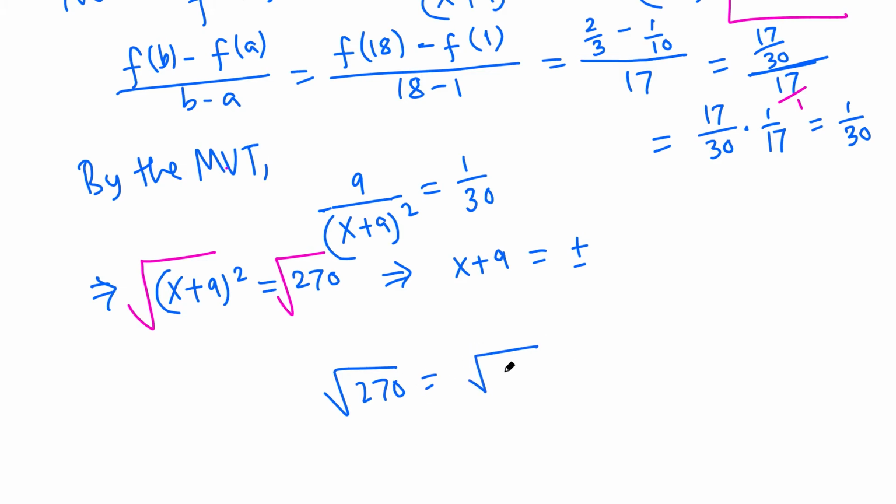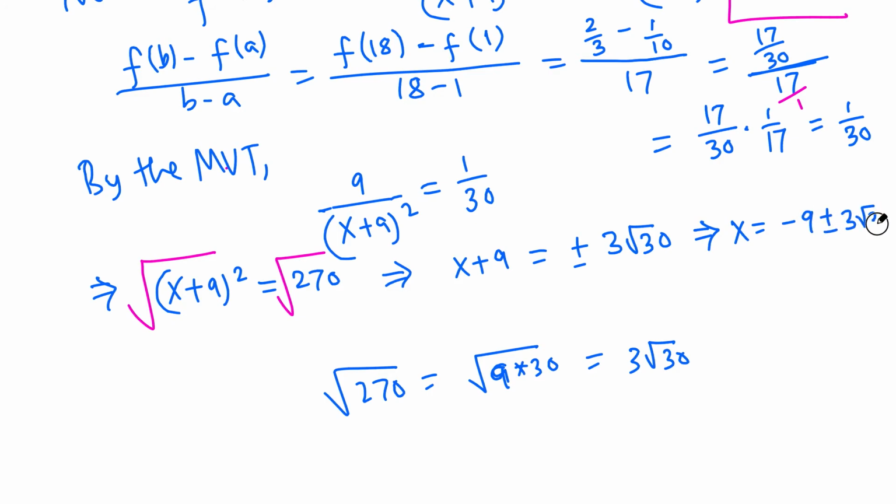270 is 9 times 30, because I'm trying to write a perfect square number inside. 9 times 3, 27. Yeah, that means 3 root 30. So this is 3 root 30. Now we subtract 9 from both sides. We get x equals negative 9 plus or minus 3 root 30.